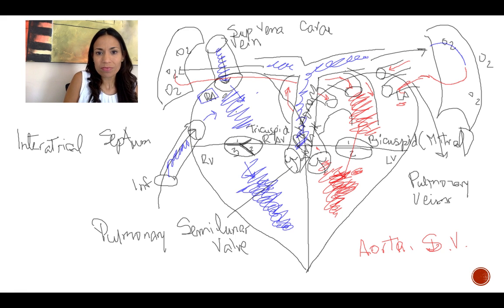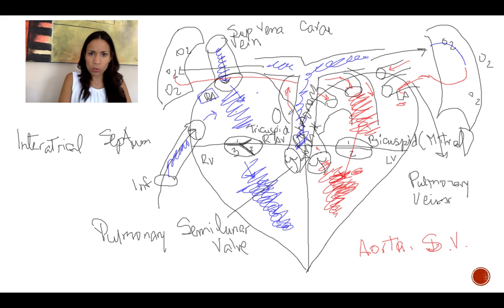Now, the right atrium receives blood from the superior vena cava and inferior vena cava, and receives deoxygenated blood. Another important feature that I didn't describe in the right atrium is right here in the interatrial septum, the wall separating the right from the left atrium.